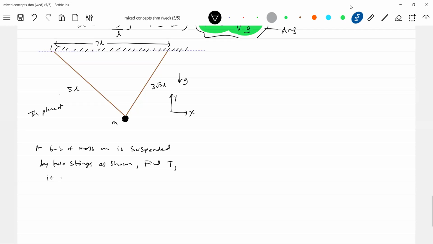If it is given small displacement perpendicular to the plane of the triangle, I think more than this information will not be there. The plane of oscillation will be the YZ plane. For your understanding purpose, the plane of oscillations will be the YZ plane.